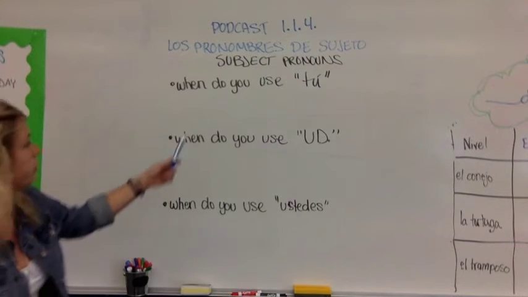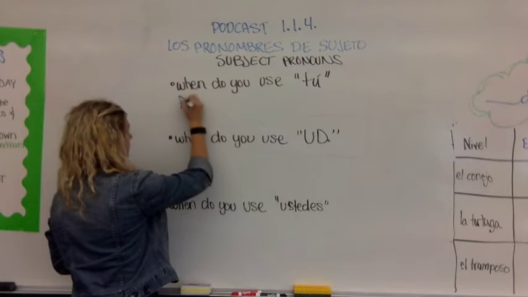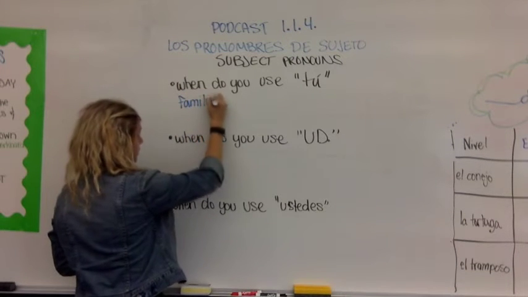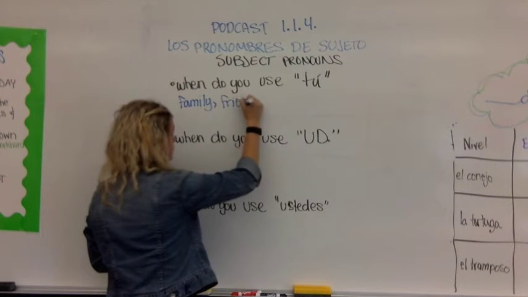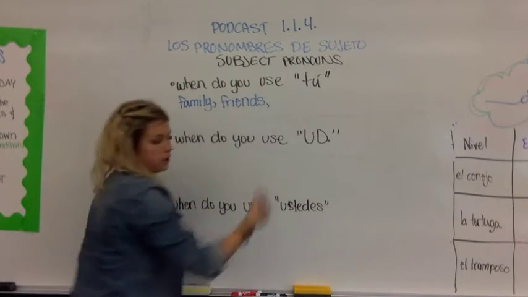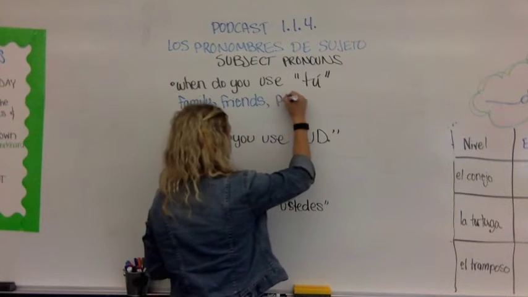So, when do you use tú? Tú can be used with family, when you're speaking to someone who's in your family, or friends. You can use it when you're speaking to people your age or younger.